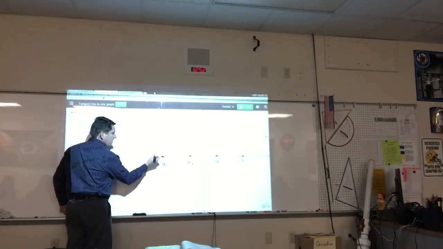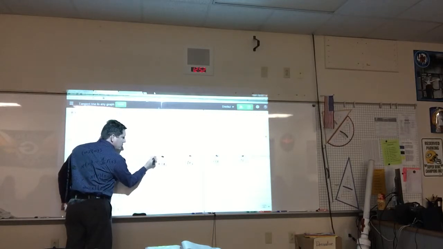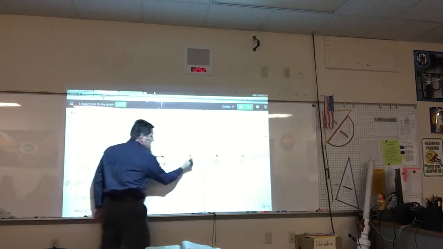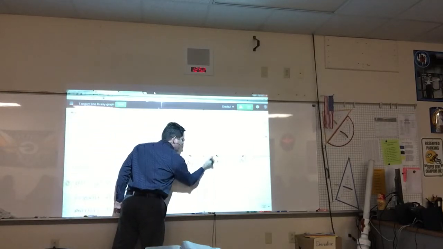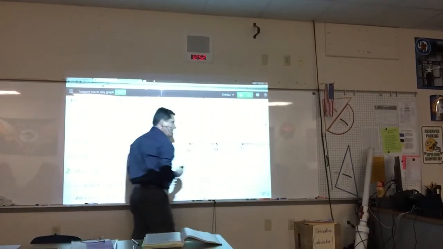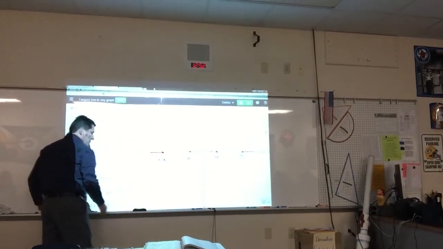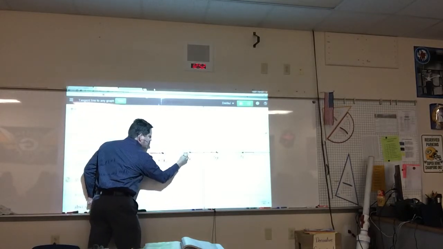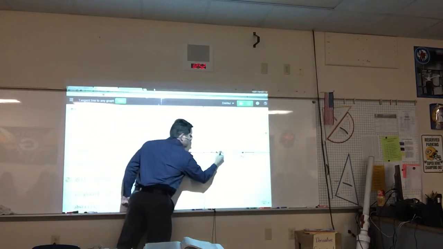So increasing, I'm going to do this time. It's going to be increasing on this interval. Increasing on this interval. Increasing on this interval. Do you agree? Decreasing is going to be purple. Decreasing here. Decreasing here.